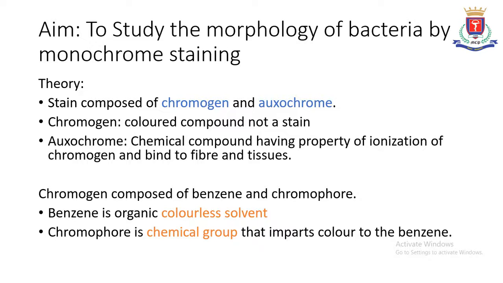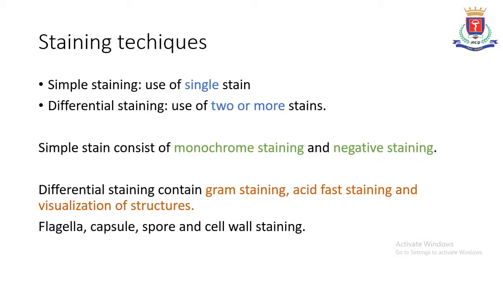For example, in case of aniline, if aniline is a colored chromogen, then the benzene ring will be your colorless solvent and the NH2 amino group present at the 1 position is the chromophore, which is imparting color to the compound.